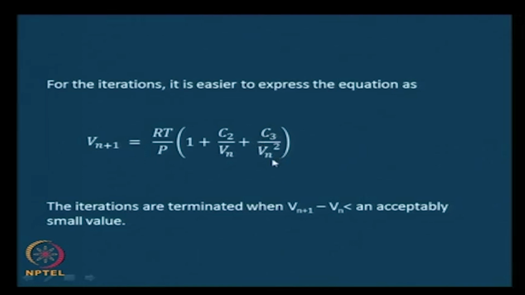Therefore, V0 could be the guessed value, and V0 would result in V1, and then if V1 minus V0 is small enough, we stop the iterations there. Otherwise, V1 is substituted here to get V2, then the comparison is made, and if the error is small enough, we terminate it there, otherwise we keep going on. So it is easy to write a program if we represent the equation in this form.